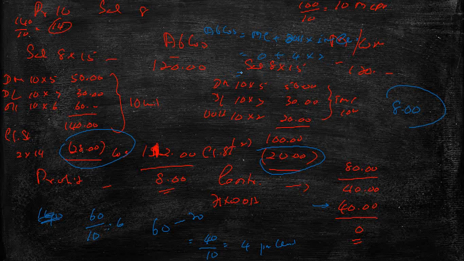So I want you to note down all this because I'm going to go one step further. Next slide. Absorption cost profit is equivalent to marginal cost profit plus fixed overhead absorption rate into change in inventory, the increase in inventory.